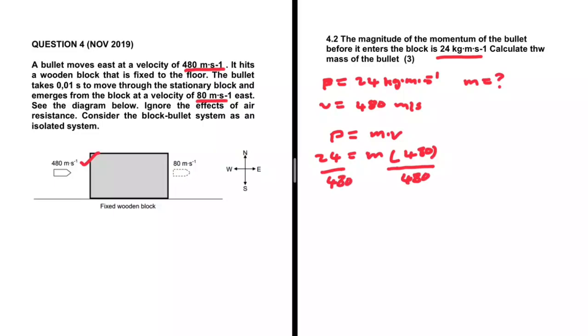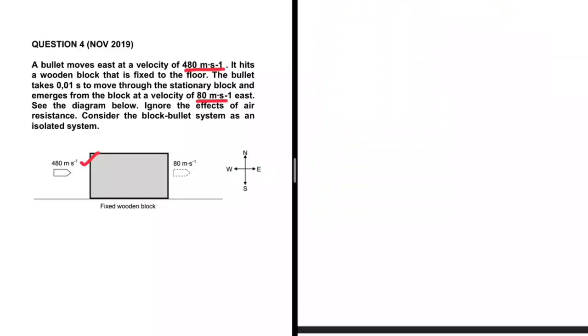So 24 divided by 480, we're going to have 0.05 kg, being equal to the mass of the bullet. So there we go. We have our solution to 4.2. Quite an easy question, to be honest. No trickery whatsoever.